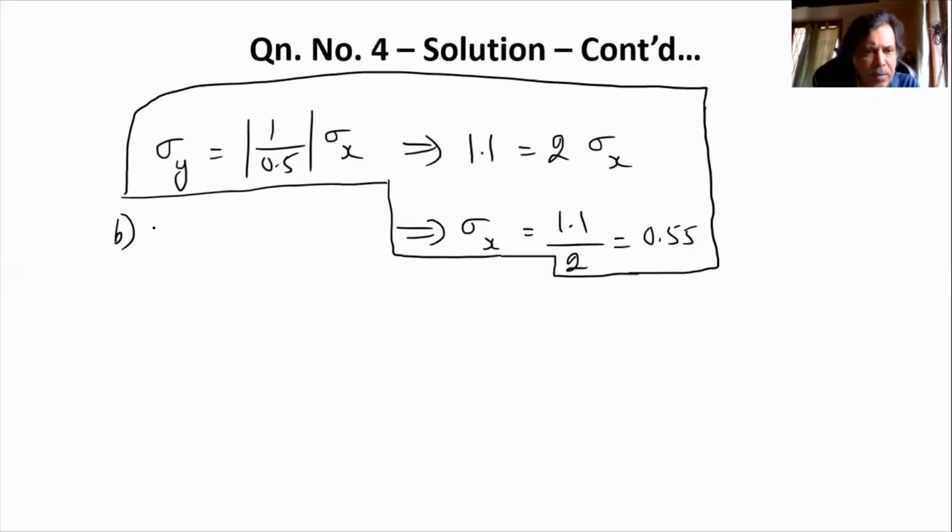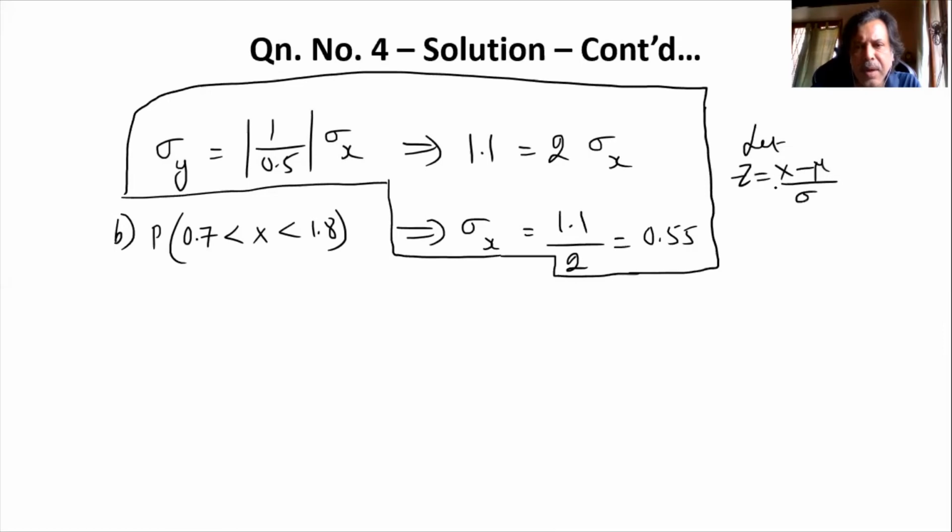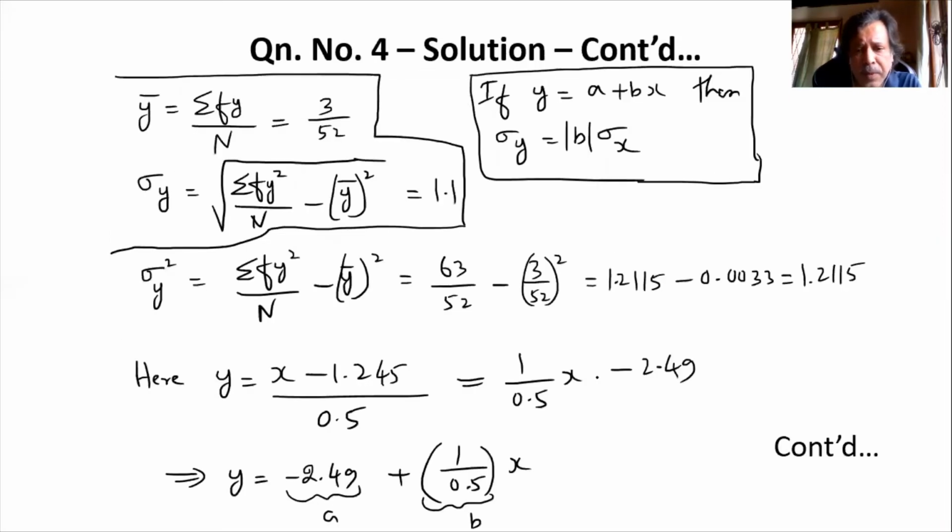That means we need to find the probability that x lies between 0.7 and 1.8. Again, let z equal (x minus mu) by sigma. So let's do that. Probability of (0.7 minus mu) divided by sigma, and then, sorry, one more thing we have to do.